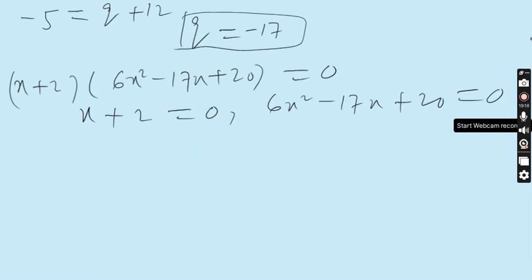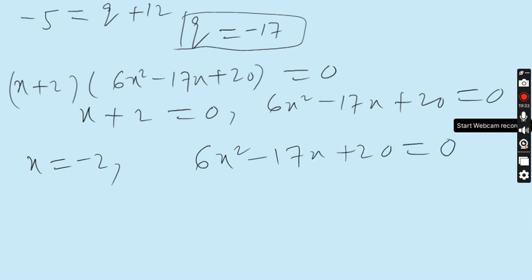Now see, x is equal to negative 2, and this equation 6x square minus 17x plus 20 is equal to 0, you cannot factorize, you cannot apply the quadratic formula, because this equation has no real roots. You can check yourself. I have already checked.